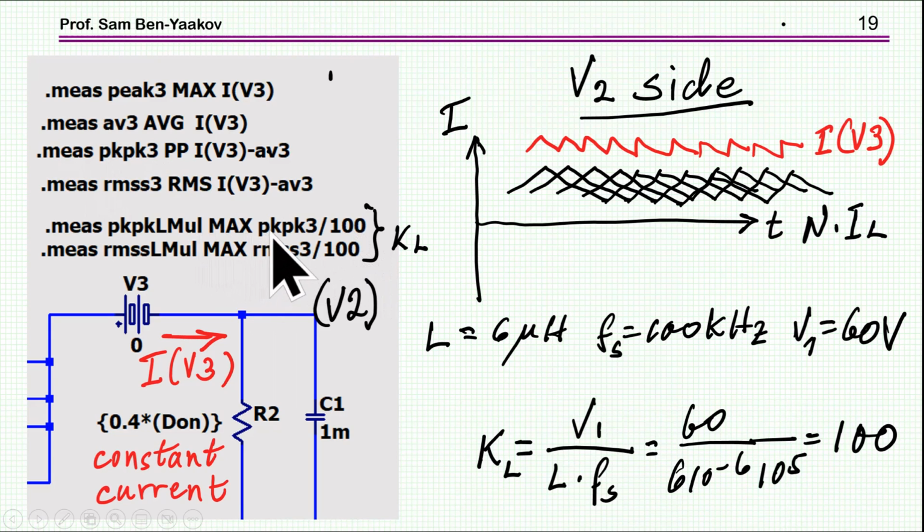This is sort of a line, so the maximum is the line itself, because this is a number, and this is a number. For each duty cycle, it's a different number, of course. So the max is just this line, and I'm defining it this way, and this is really the normalized RMS. So this is for the V2 side.